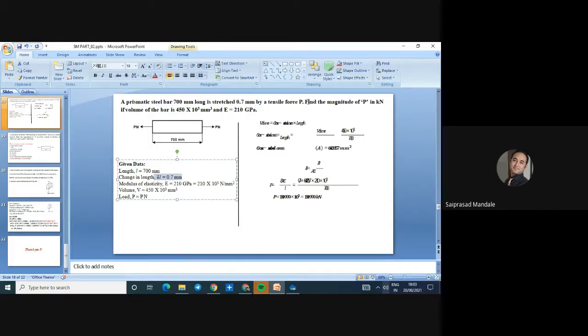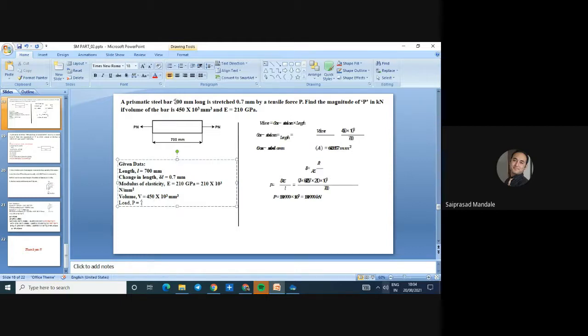Find the magnitude of P in kilonewton if the volume of the bar is 450 into 10 raised to 3 mm cube, and E is equal to 210 GPa. So these things are given to us, and we have to identify the value of P.